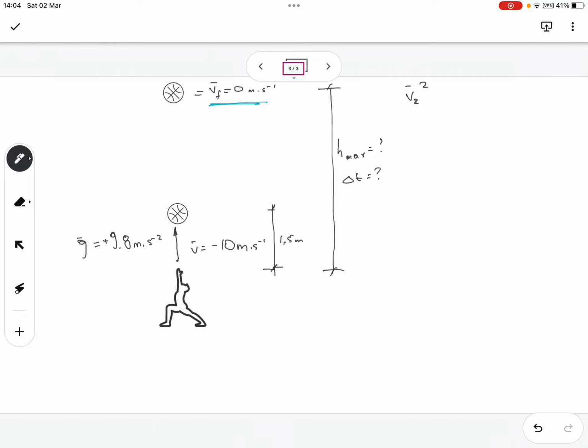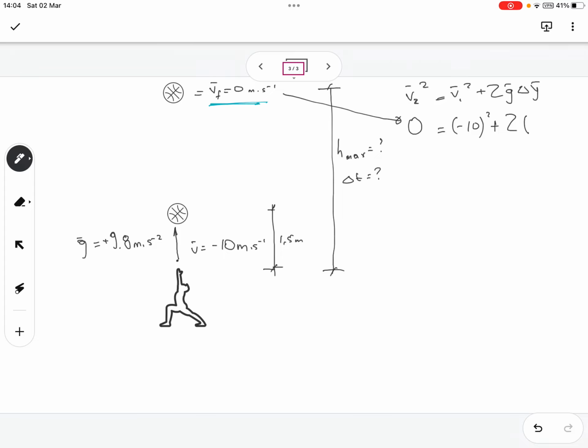Then we can now use one of the equations we just described above from grade 10 or 11, which is that the final velocity squared must equal the initial velocity squared plus twice the acceleration due to gravity vector times the change in vertical displacement. The final velocity is 0 at the top, and the initial velocity was negative 10 meters per second.